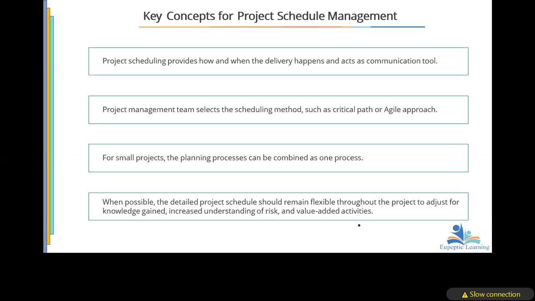It has to be very flexible because as we move on, we now tend to understand what we are doing. The level of risk, as we said, initially is high, but as we are moving forward, the risk level goes down.